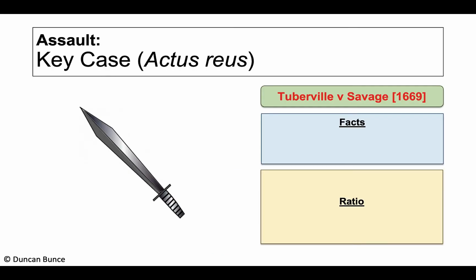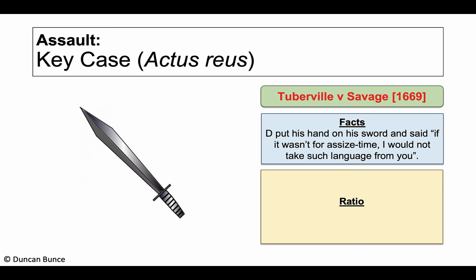So a key case here, and something just to look out for again in your scenario, is the whole point about someone saying, oh, I'm only joking. Well, words can have the effect that they annul, that they prevent or remove that threat of assault. So in this case, a very old case, the defendant put his hand on his sword and said, if it wasn't for the assize time, I would not take such language from you.